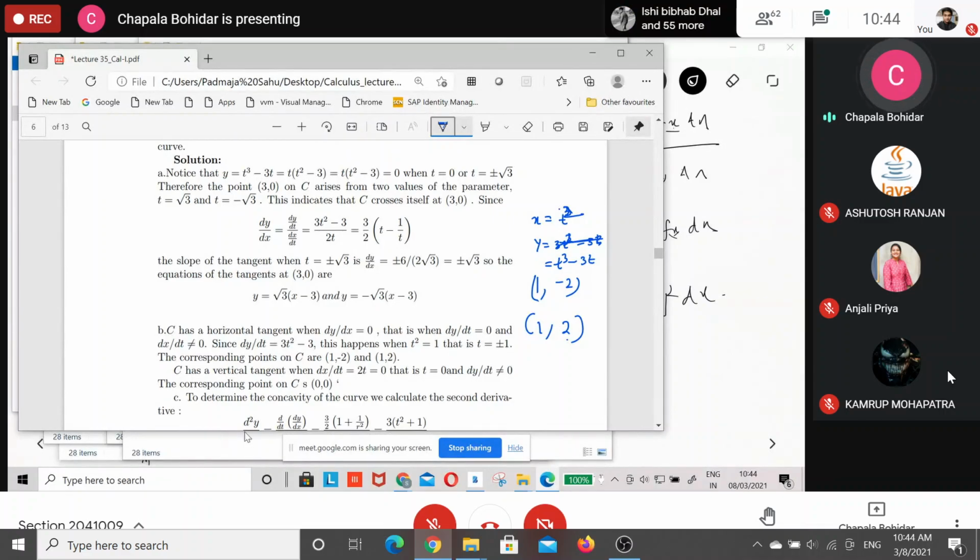So the corresponding points for the horizontal tangent are (1, −2) and (1, 2).